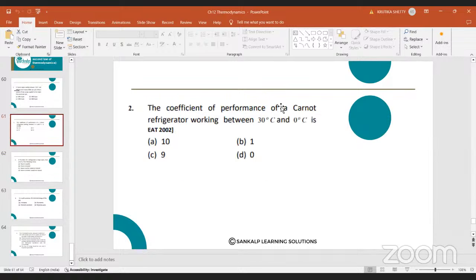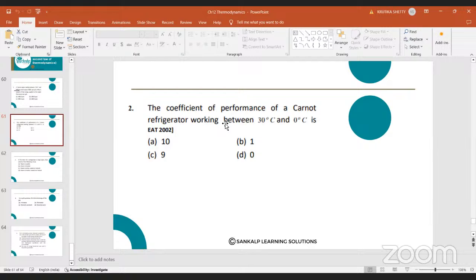The coefficient of performance of a Carnot refrigerator working between 30 degrees Celsius and 0 degrees Celsius is... It is based on the refrigerator concept.